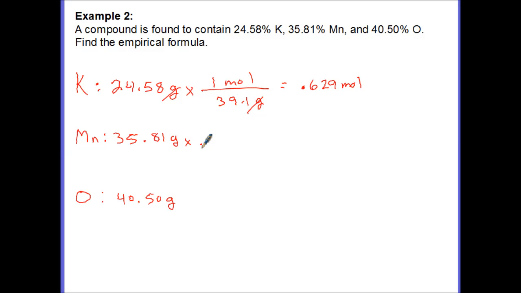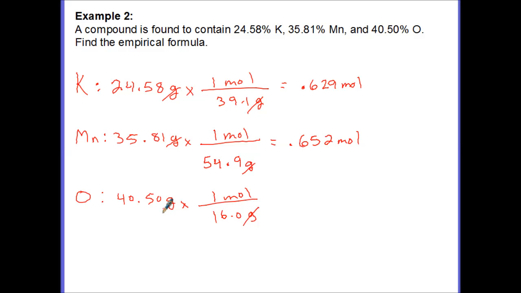It's 54.9, so I flip that around, 1 mole on top, divided by 54.9 grams, so goodbye grams, hello moles, and I get 0.652 moles. Then for oxygen, we have 1 mole on top, and it's 60.0 grams on the bottom. Goodbye grams, hello moles, and I get about 2.53 moles.